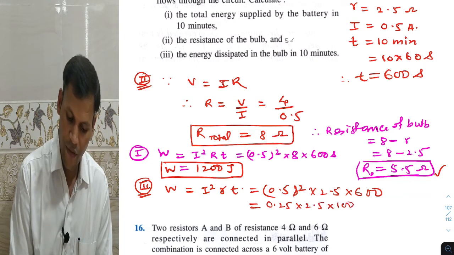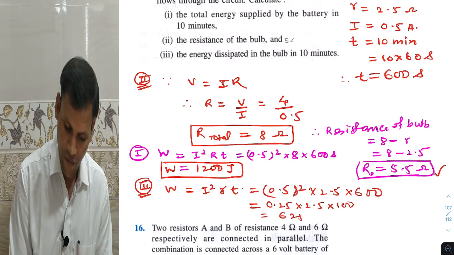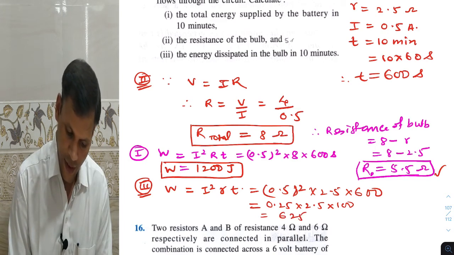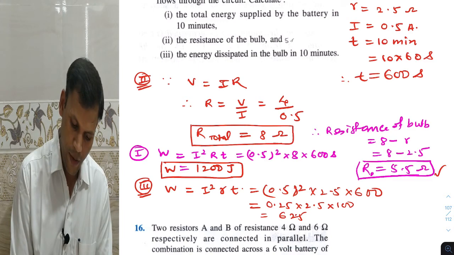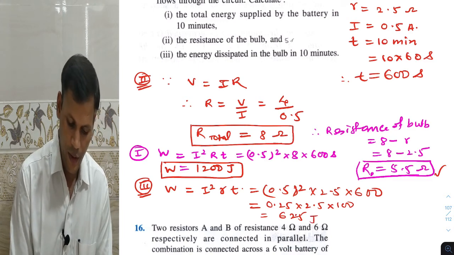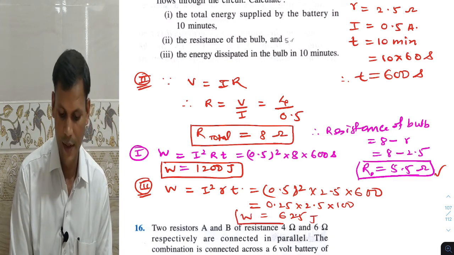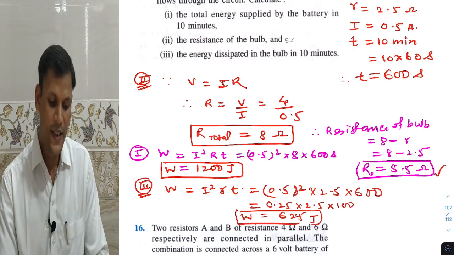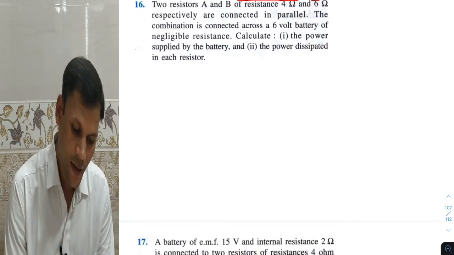So we can write 25 into 25 will be 625 and decimal at 1 point. So that much joule, 62.5 joule. This is the answer.